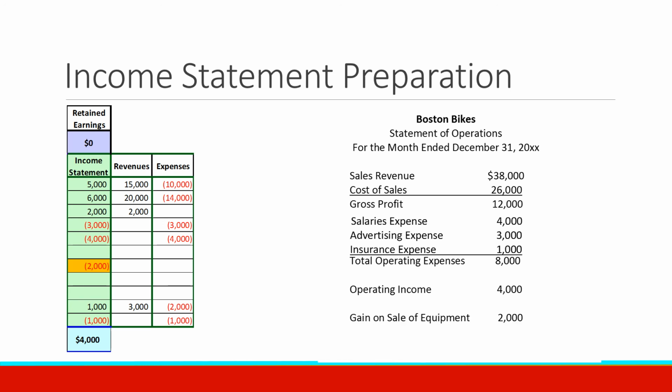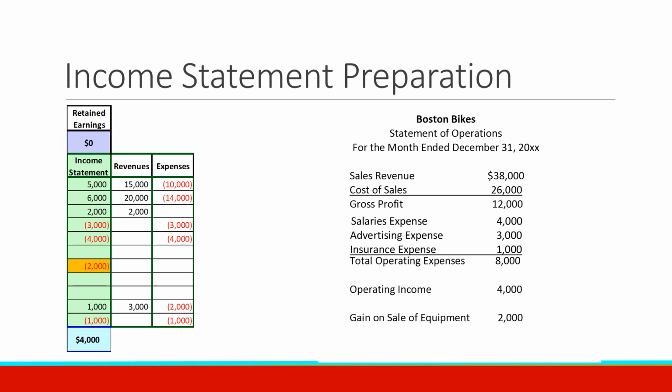But we're not done yet with the income statement. We skipped over one transaction, and that's the $2,000 you can see sitting under revenue. That, if you remember, is the gain on the sale of the equipment. That's a different kind of income than the sales revenue and cost of sales from inventory. This is the sale of property, plant, and equipment, and it's not part of general operations.